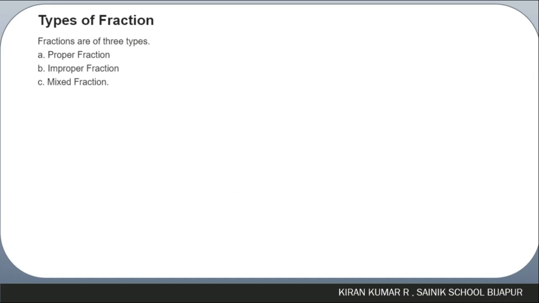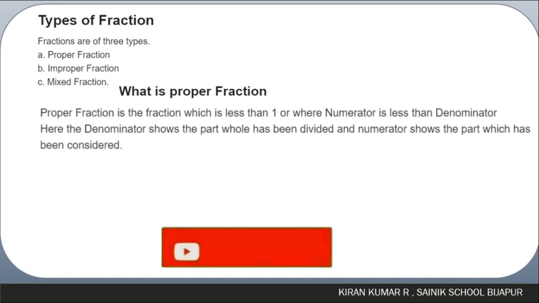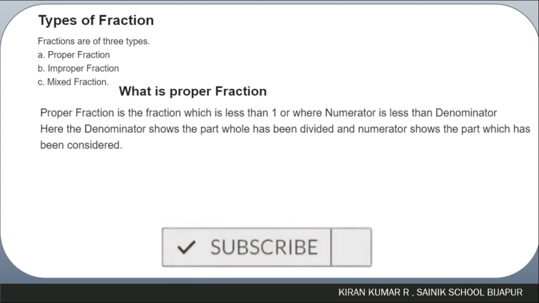Let us take up proper fraction. What is a proper fraction? A proper fraction is a fraction which is less than 1, or where the numerator is less than the denominator.